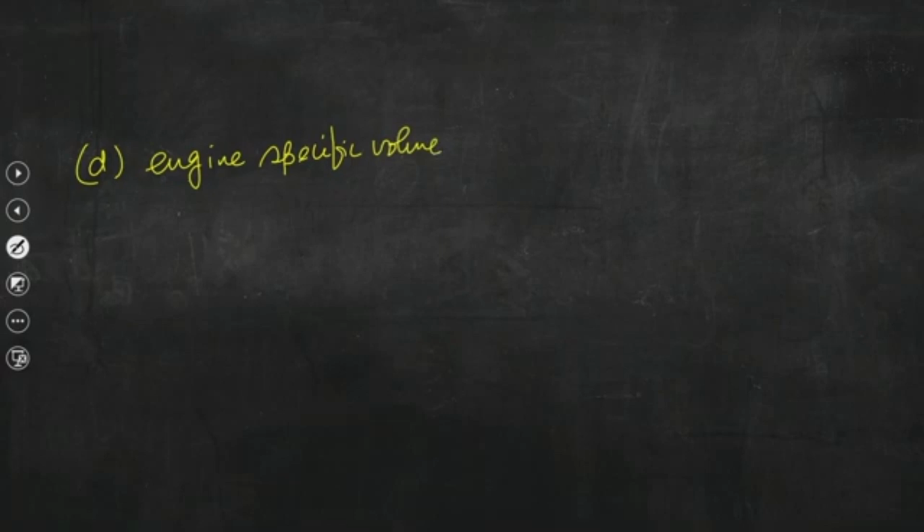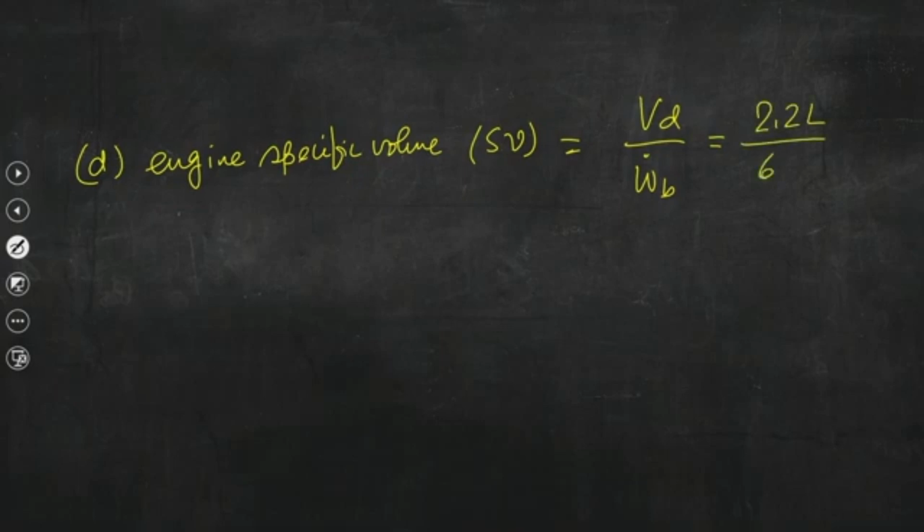SV, that is V_d divided by W_B dot. So, it would be 2.2 liter divided by 65 divided by 0.95 kilowatt. So, that is liter per kilowatt. This is engine specific volume.